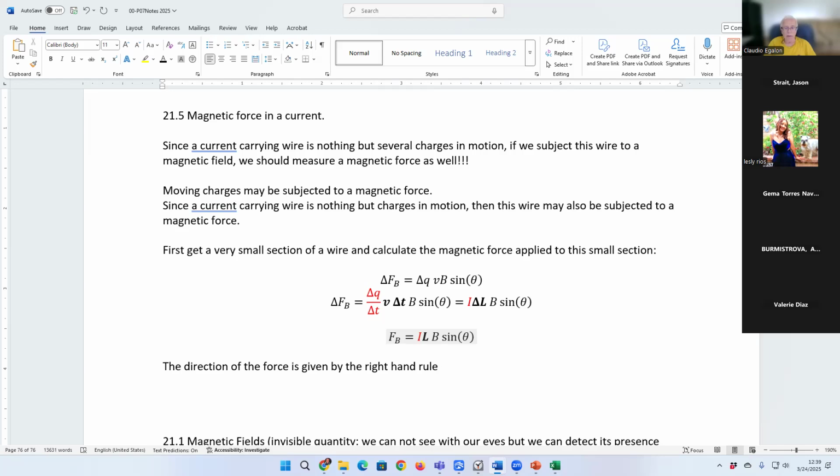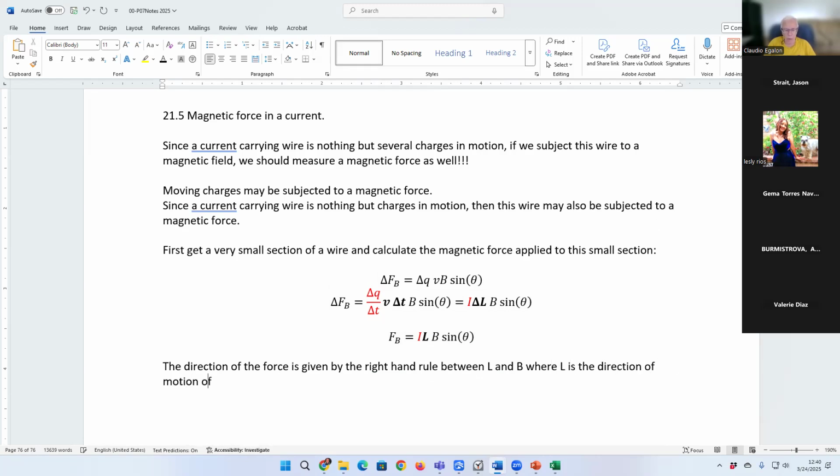V cross B is going to be L cross B, because this L came from the V. The direction of L in the above equation is given by the right hand rule between L and B, where L is the direction of motion, the direction of the current. L is a length, but its direction is also in the direction of the current.